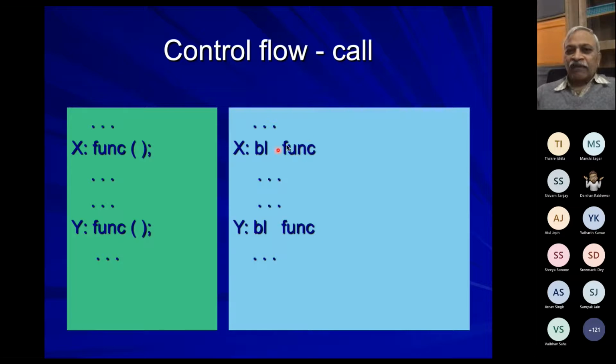What we see in assembly language is a label. What we see as a counterpart in machine language is an address. So you're branching to this address. And second thing you're doing is that the address of the next instruction is stored in the link register. This is part of the BL instruction.